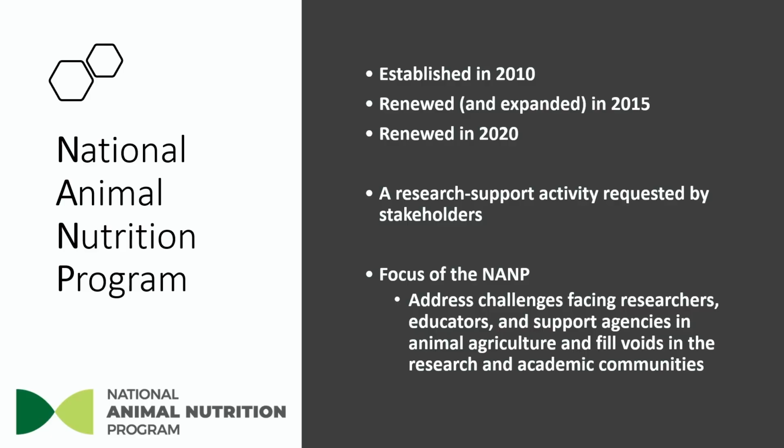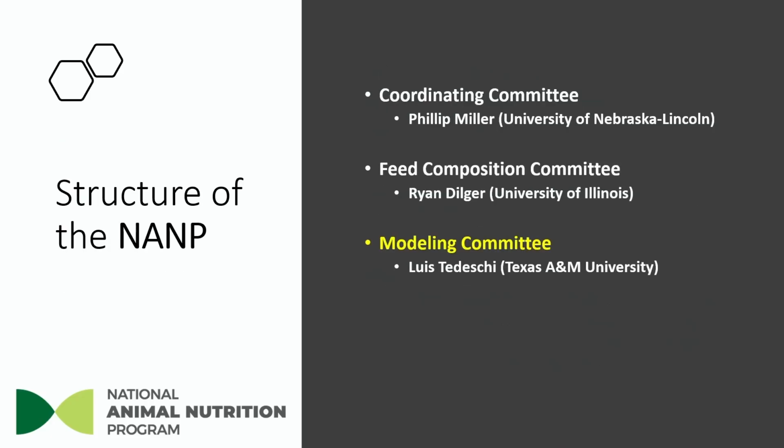And the main objective of the NANP is really to address those challenges that researchers, educators, and support agencies are facing in animal agriculture. In our case, the modeling committee is specifically to help the National Academies. It started with helping the National Academies with their nutrition series or models that they developed for the old NRC publications, but we still continue helping them with all of the new publications they have related to modeling.